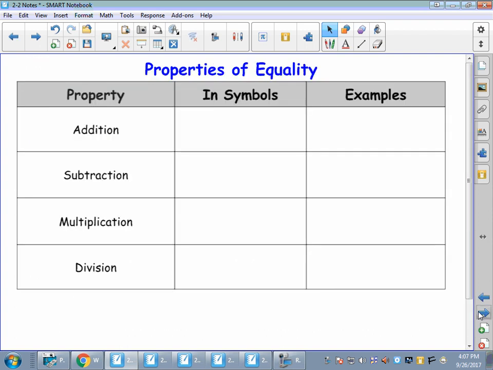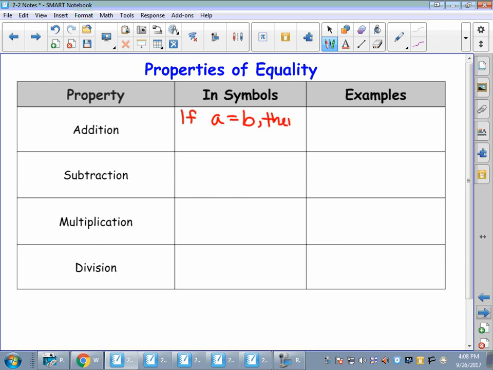Properties of equality. We have 4 major properties of equality right now. The first is the addition property of equality, so things are equal. What the addition property says, if you have an equation that's balanced, equivalent, if A is equal to B, so again, equivalent or balanced because A is not equal to B, like they're not the same thing, but they are equivalent to each other.